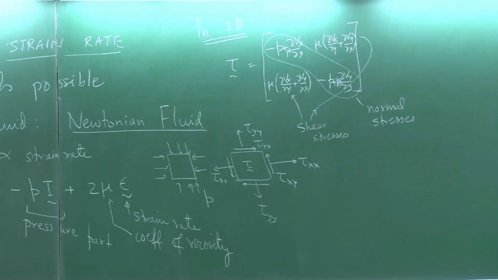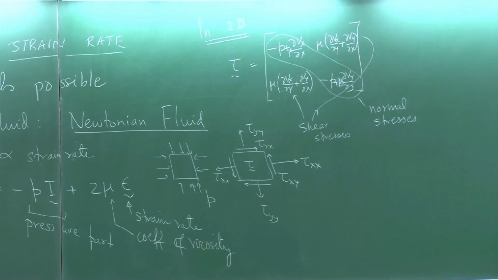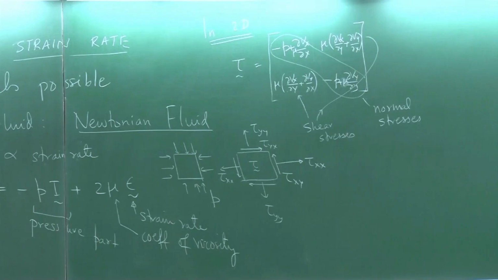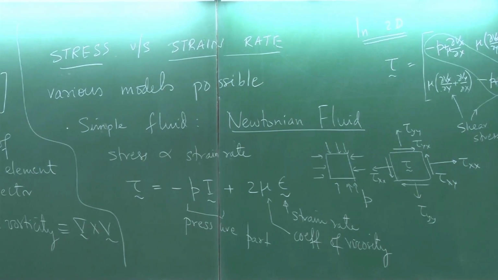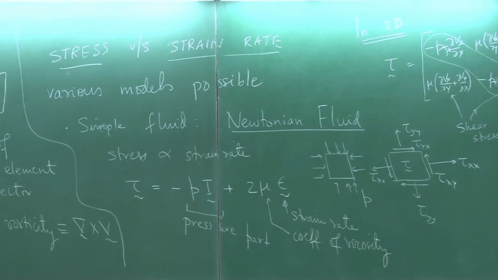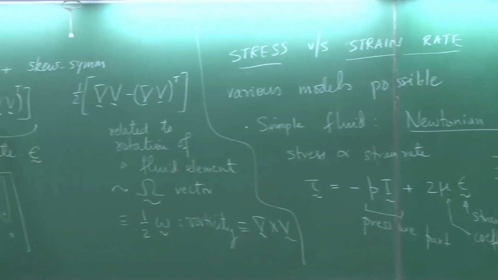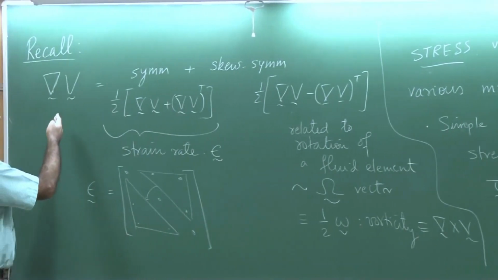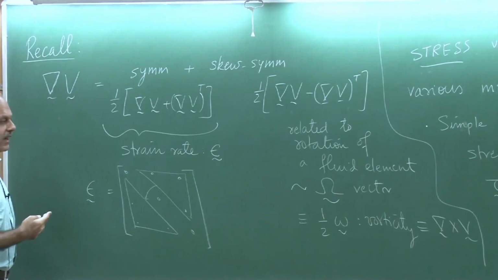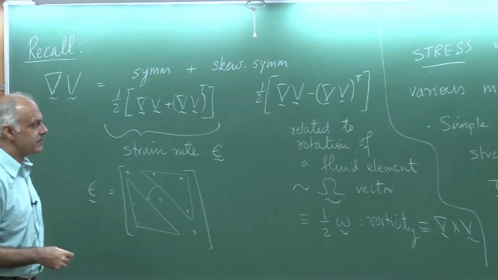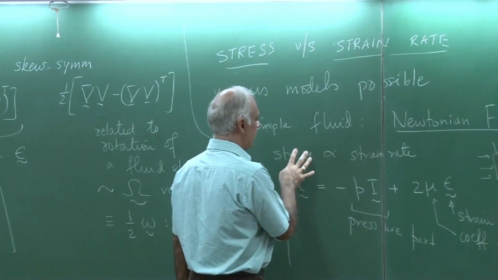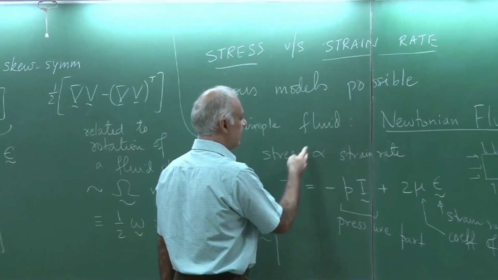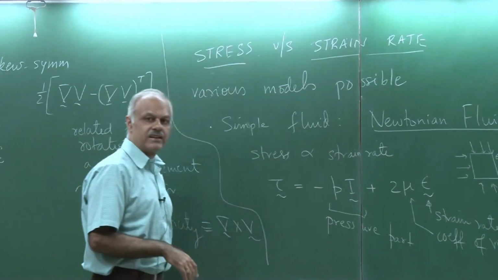Okay, so let me now summarize what we have been able to do. We are finally interested in stresses because these relate to the forces acting on a fluid element. But we also have the strain rate, and that arises essentially from the velocity being different at different points in the flow. So, we have now been able to propose a model, in this case a very simple model, that stress is directly proportional to strain rate.